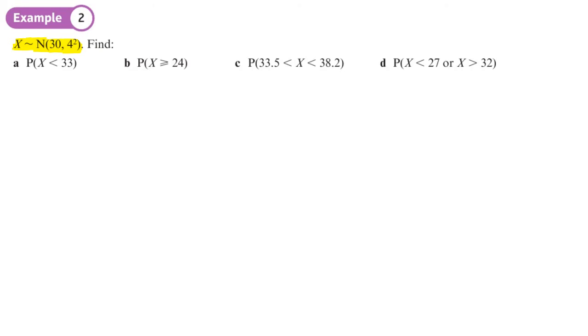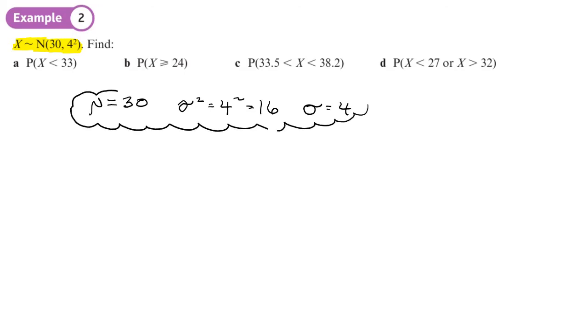So if I'm doing any one of these questions, the first thing I'll write down is what the parameters are, so I don't make any mistakes. So I'm going to have the mean is 30, the variance is 4 squared or 16, and the standard deviation is 4. So I'd always write those things down so that I don't type the wrong things in.